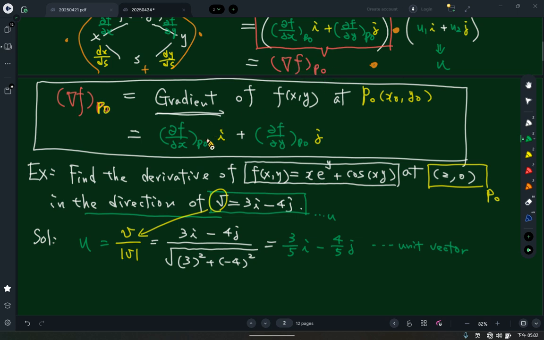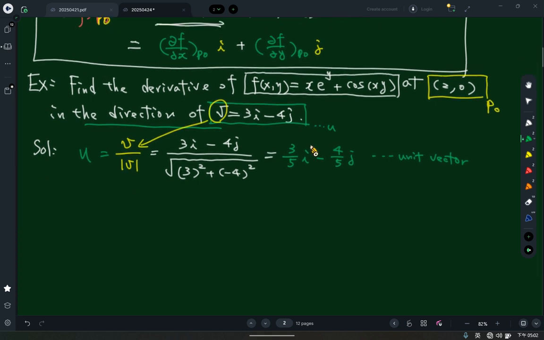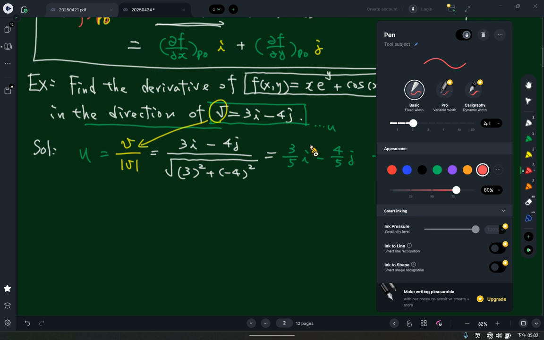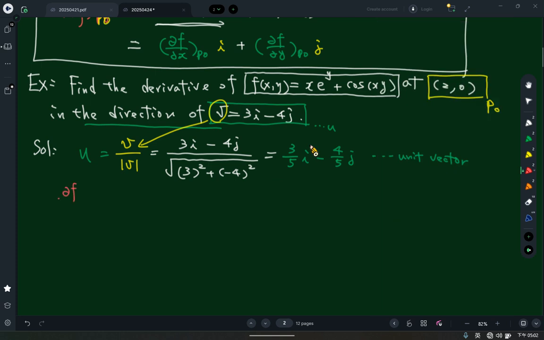So gradient is partial f partial x at P0, partial f partial y at P0. So we need to calculate partial f partial x at P0, and also partial f partial y at P0.